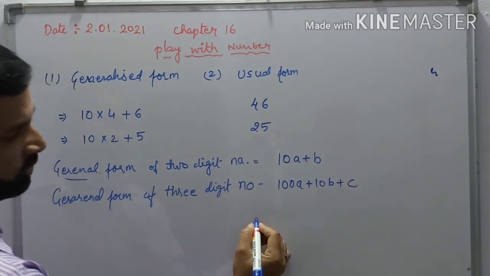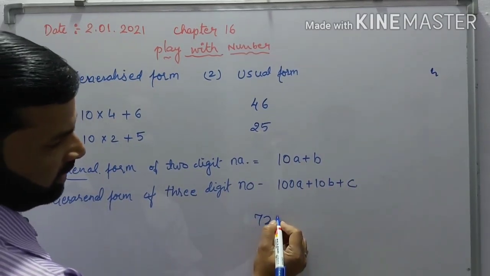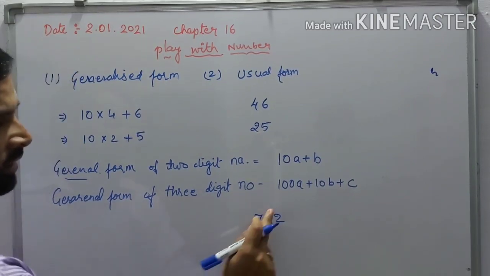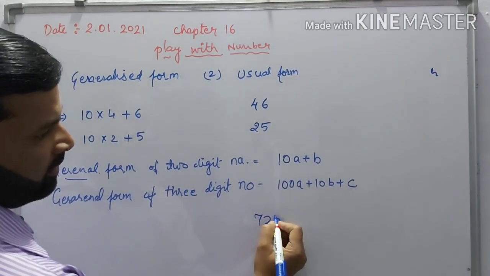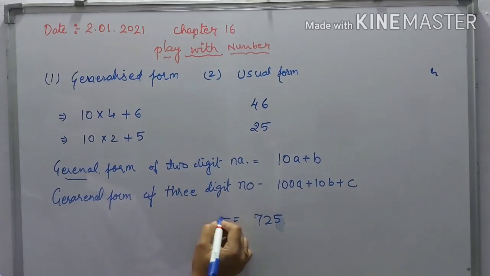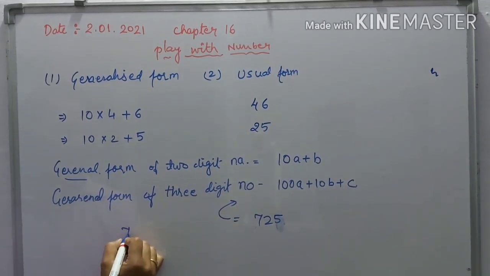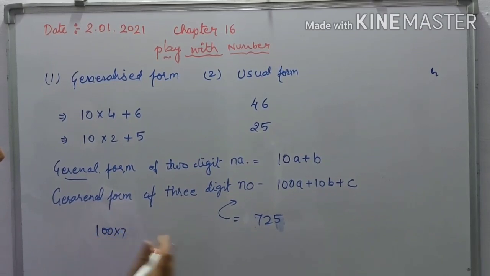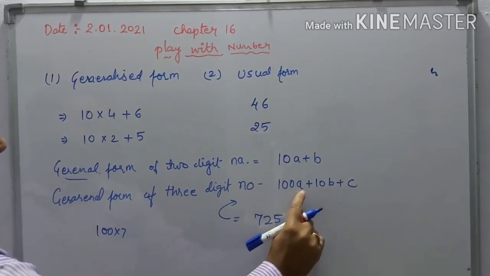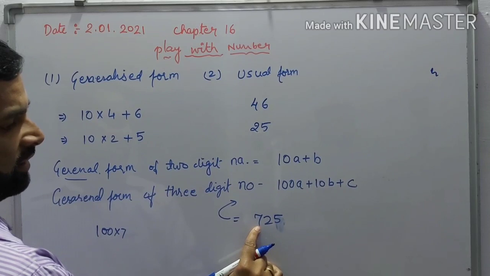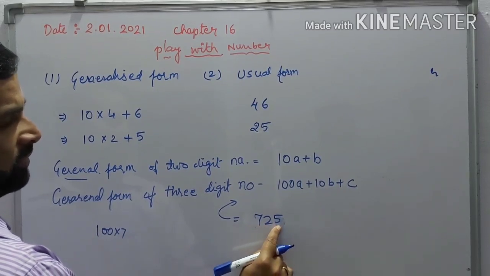Suppose a number is given, 725, and you write that in general form. First you write 100 into 7, where 7 is a, 2 is b, and 5 is c.